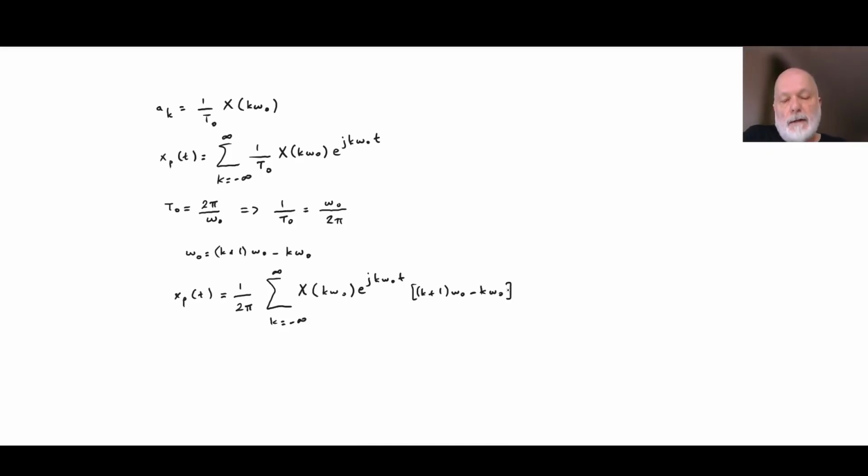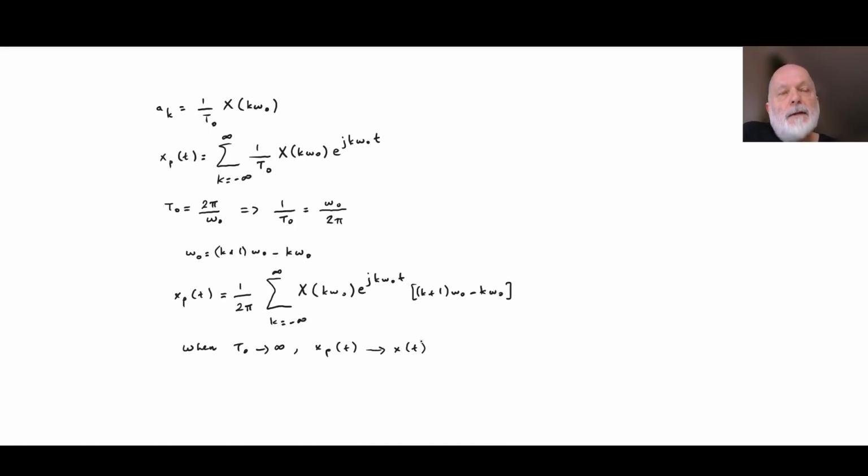Now, we know that when T0 tends to infinity, xp of t will tend to x of t. Remember, xp of t is the periodic extension with period T0. So when we increase the period, in the limit as the period tends to infinity, xp of t will tend to x of t.